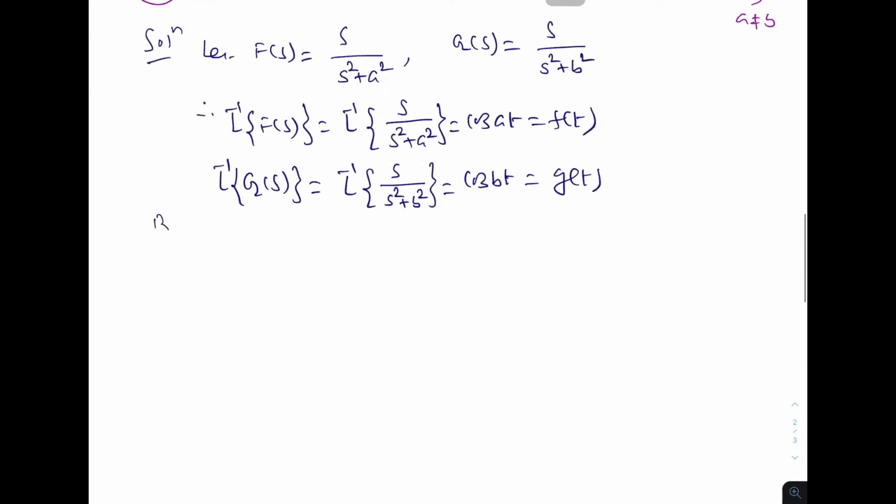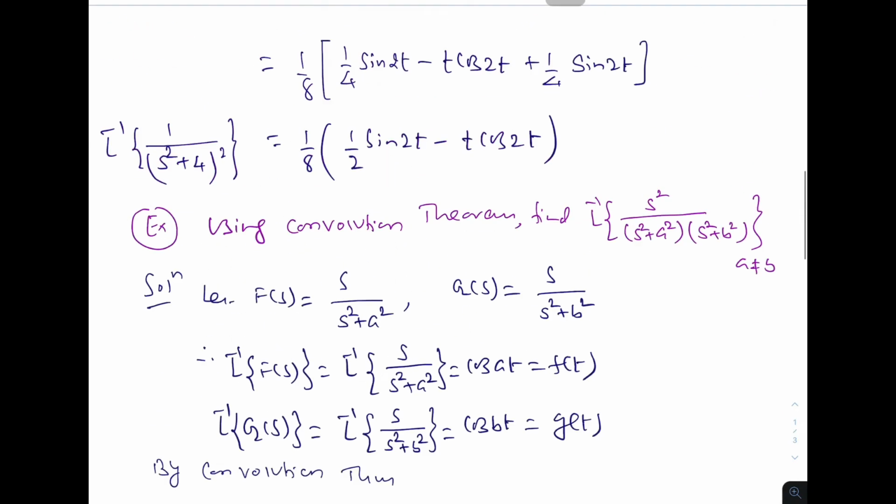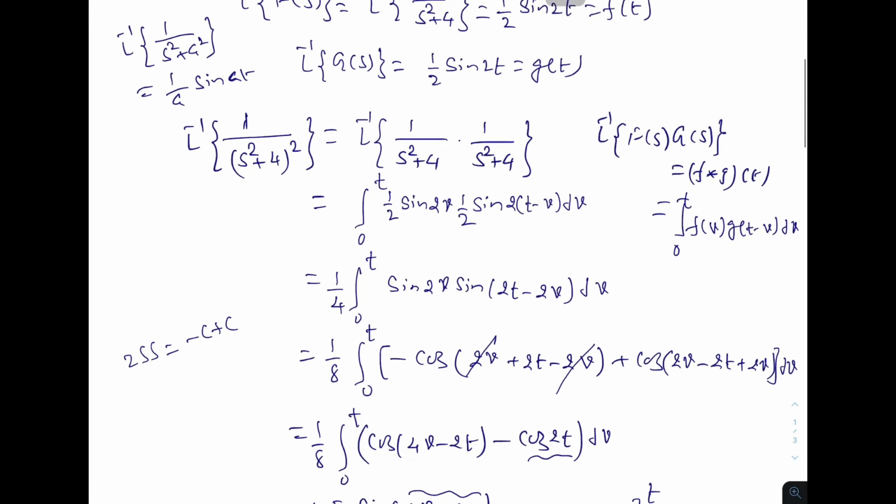Now by convolution theorem, here also you can mention that this one is by convolution theorem.